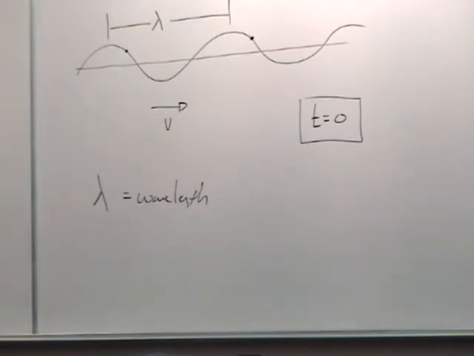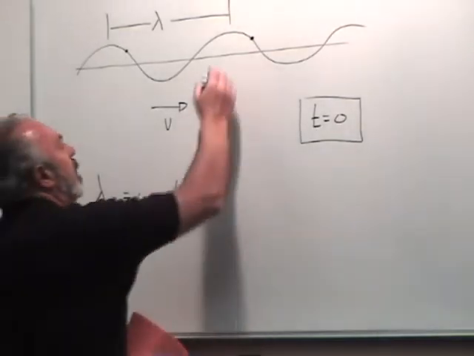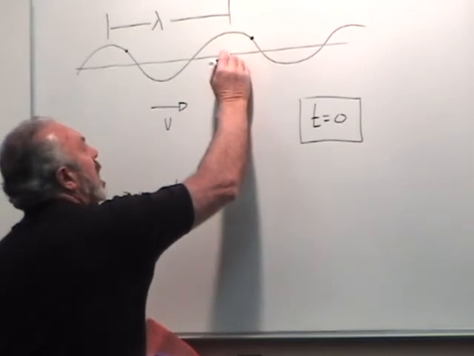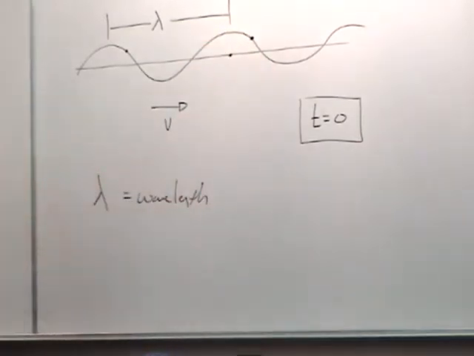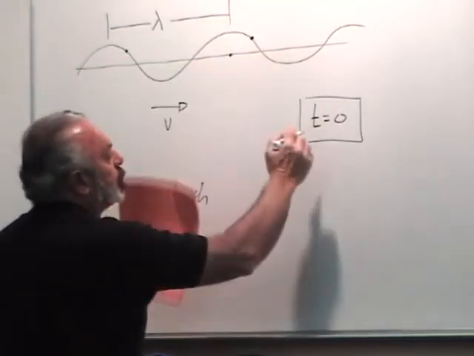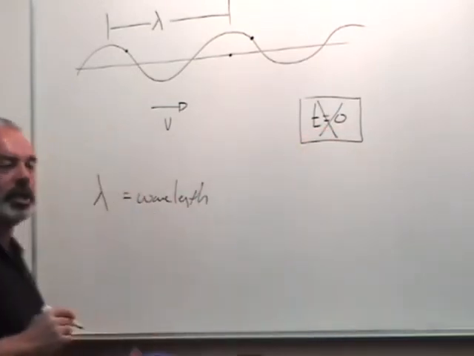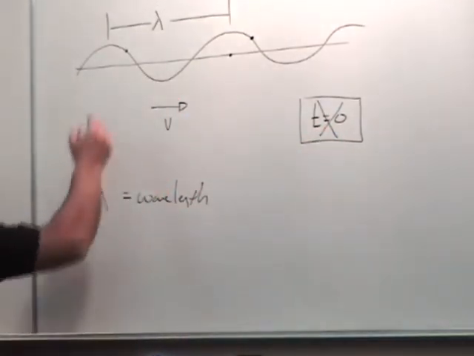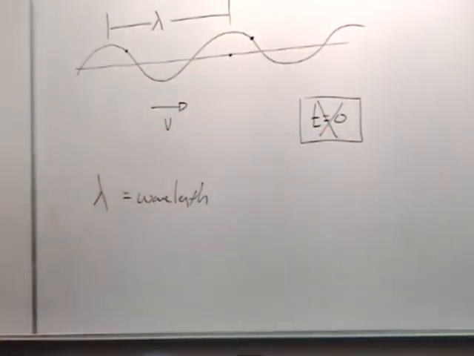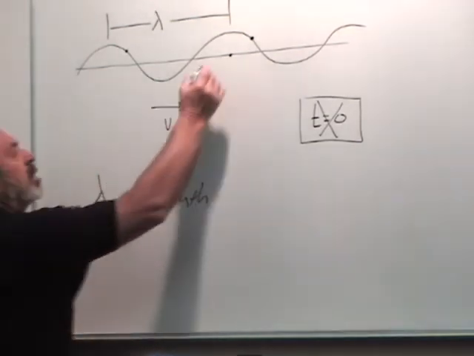Now let's imagine that we allow time to run. Let's imagine that we go right to this spot and notice that we are at the peak of the wave crest. And then we allow the wave to pass. We no longer hold it frozen, but we allow it to move. It's going to take a certain amount of time for one wavelength to pass.